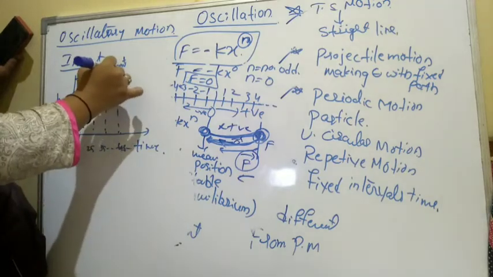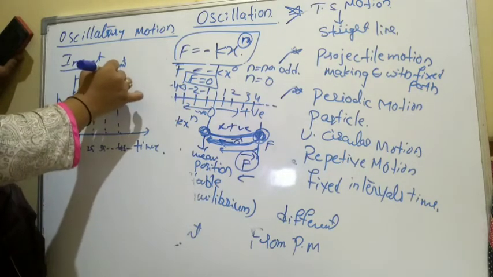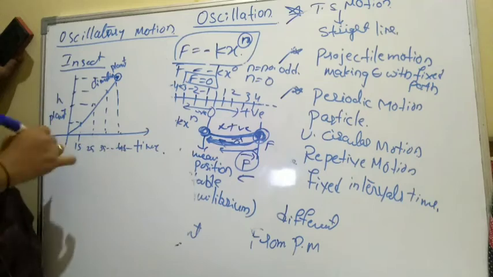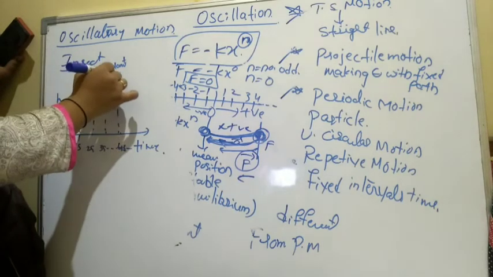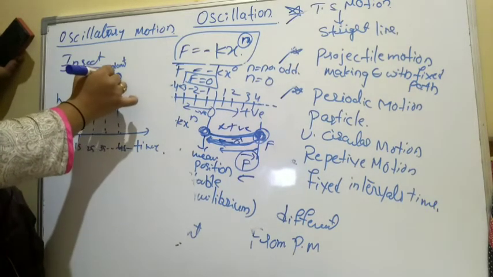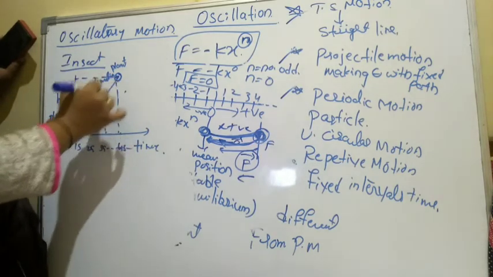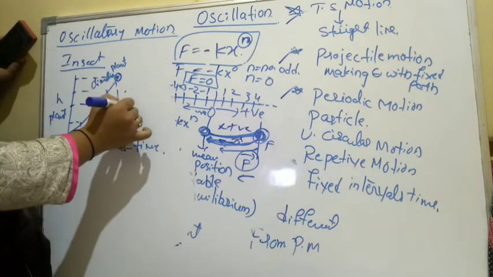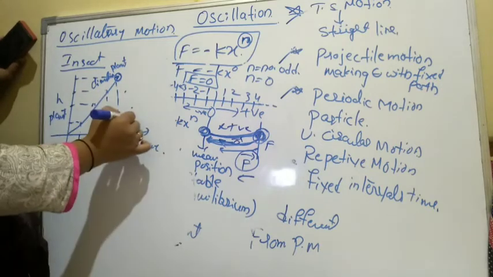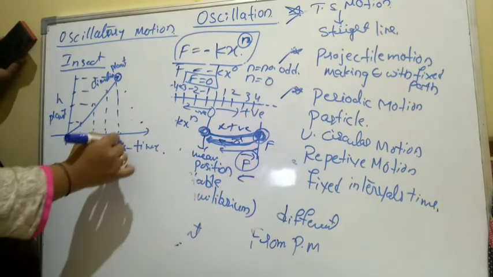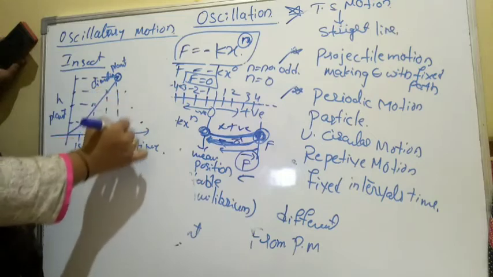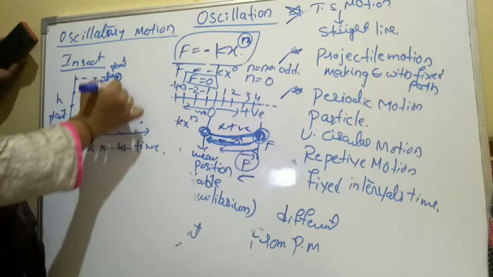For the same 4 seconds it reaches this point, so this point will act as the mean position, right? Because once it reaches here, again it starts falling. Meaning for 3 seconds it reaches this height, for 2 seconds this height, for 1 second this height. So this will again be 4 seconds, 3 seconds and 2 seconds.